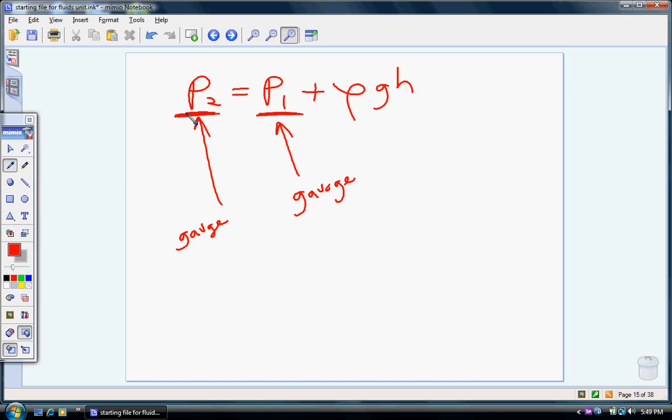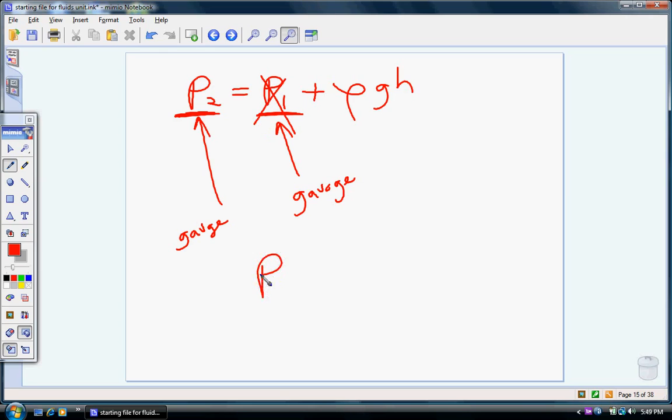Now, an interesting thing is, if you're doing gauge pressure and P1 happens to be atmospheric pressure, then what would P1 here become? What is the gauge pressure where the actual pressure is atmospheric pressure? That's right, 0.